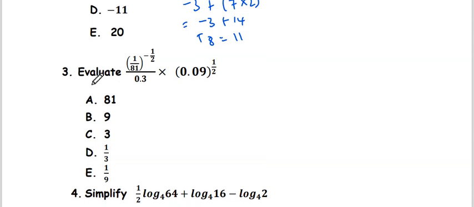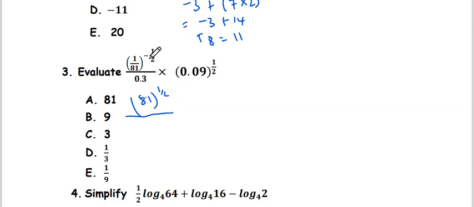And for the third question, it says evaluate 1 over 8 raised to power minus half divided by 0.3 multiplied by 0.09 raised to power half. This negative index, this is 81 according to the laws of indices, raised to power half.